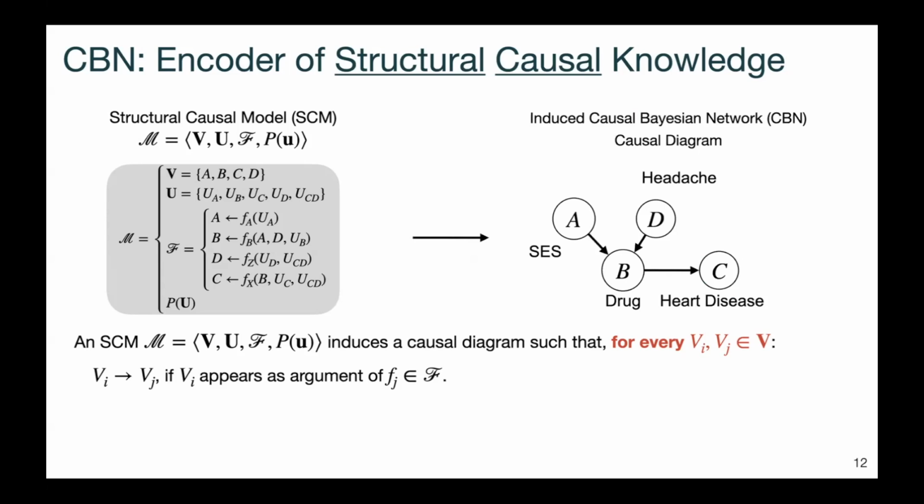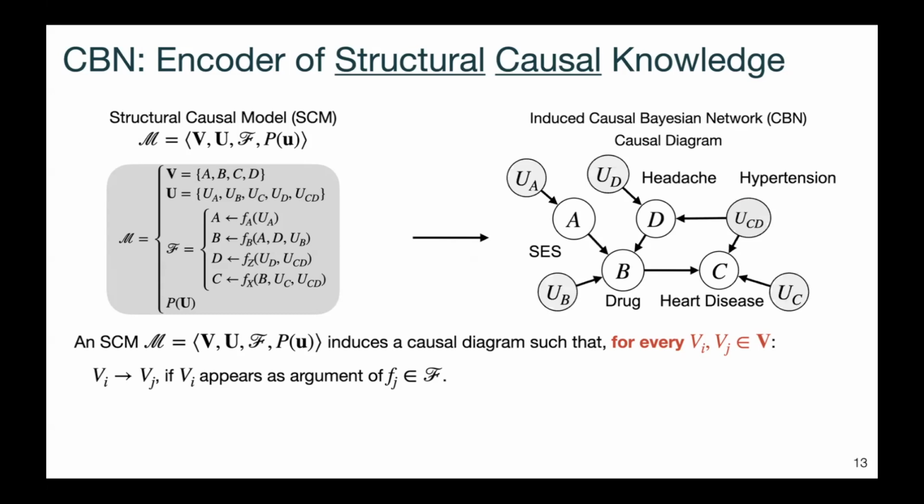We only do this for the variables in V. Of course, you have other causes or other arguments which are in the U set. If you were following this for every U, you would add all the variables like this. However, it's ugly, so people don't like this representation. The reason why we simplify is that all these error terms or latent variables are independent of the other variables, like UA affecting only A and UD affecting only D. All those variables that are not affecting two variables at the same time, we hide them.